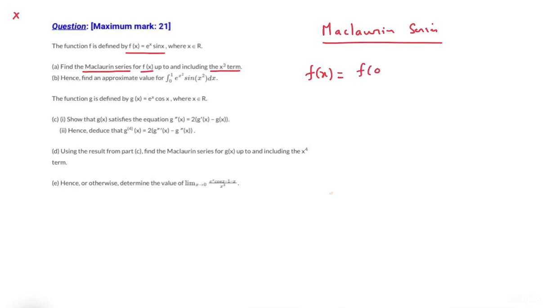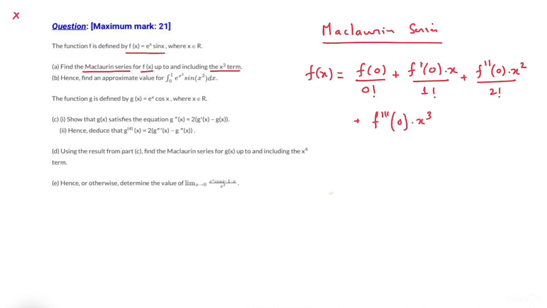So here f(x) can be written as f(0) divided by 0 factorial plus f'(0) into x divided by 1 factorial plus the second derivative f''(0) multiplied by x square divided by 2 factorial, then f'''(0) multiplied by x cube divided by 3 factorial, and so on up to infinity. So any function f(x) can be written in this format. This is the Maclaurin series.